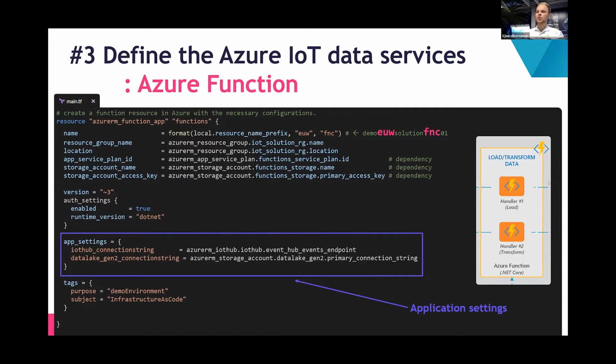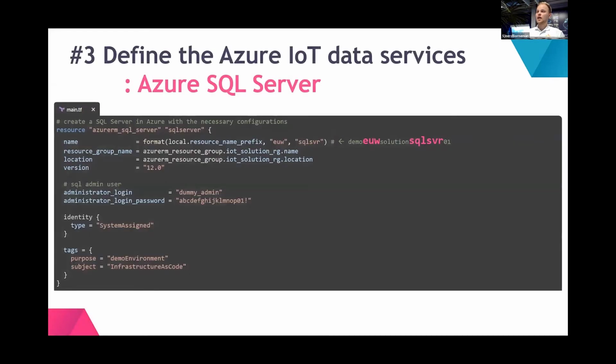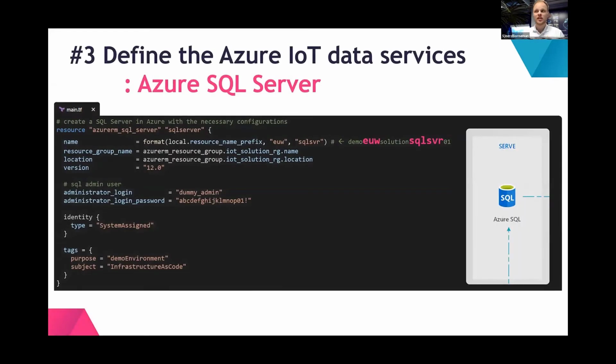So for this example, I'm already configuring the IoT Hub connection string in our application settings, and also the data lake Gen 2 connection string. So our developers can already start programming their logic in the Azure function app and make the connection to the data lake without configuring the connection themselves. And I'm doing that by using another dependency.